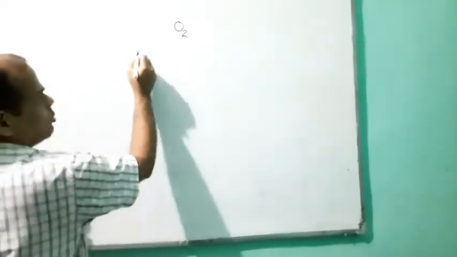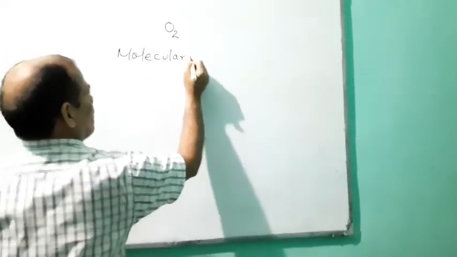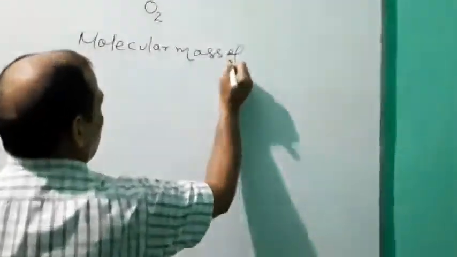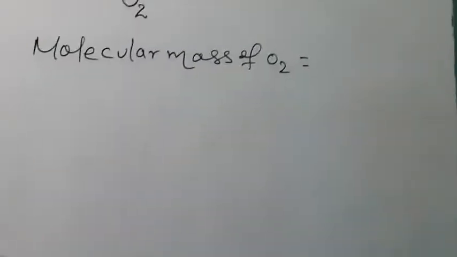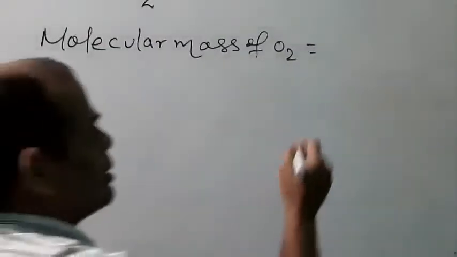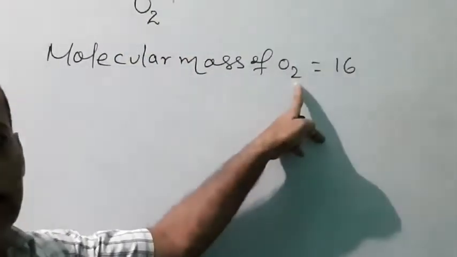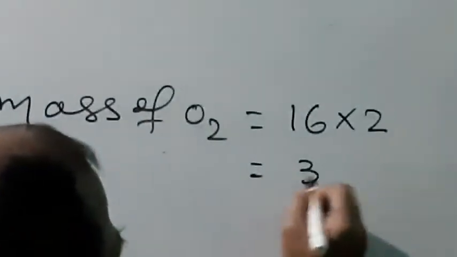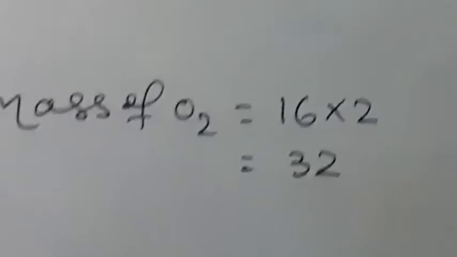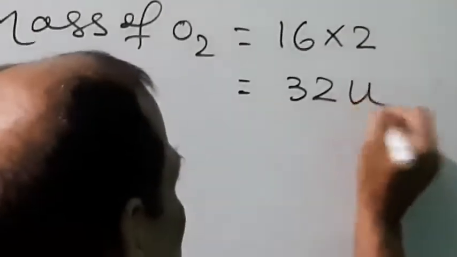The atomic mass of oxygen is 16. In one molecule of oxygen, how many atoms are present? There are 2, so 32. And as I said, the relative mass of a molecule is expressed in atomic mass unit.